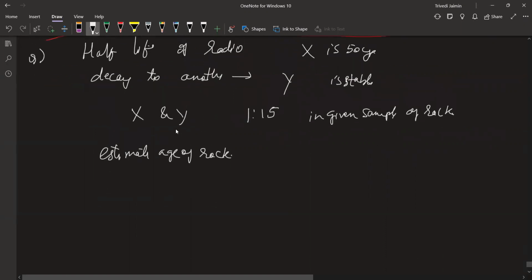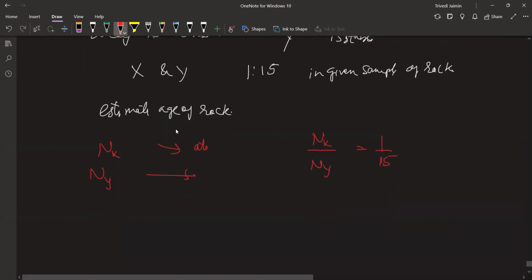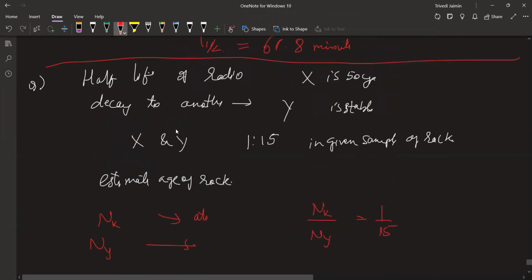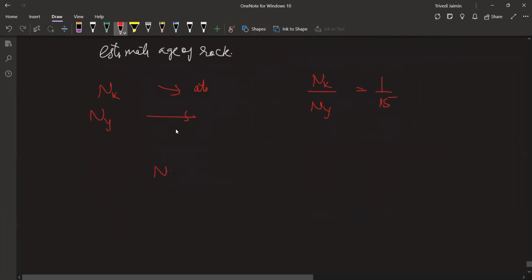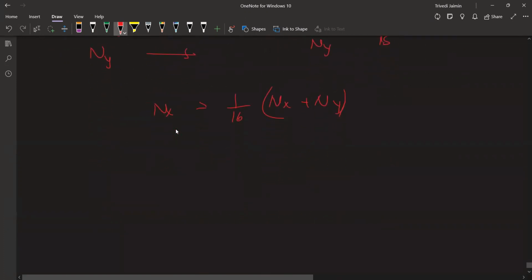We don't know the number of atoms, so let's assume nx number of atoms of X and ny number of atoms of Y. The ratio is 1:15, so nx by ny equals 1/15. Y is stable, and X decayed to Y. So nx equals 1/16 of (nx plus ny), which is 2 to the power 4.